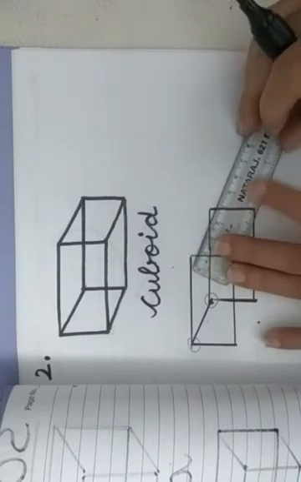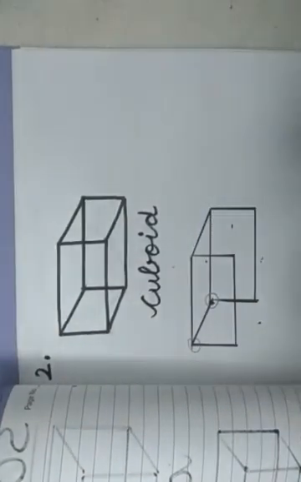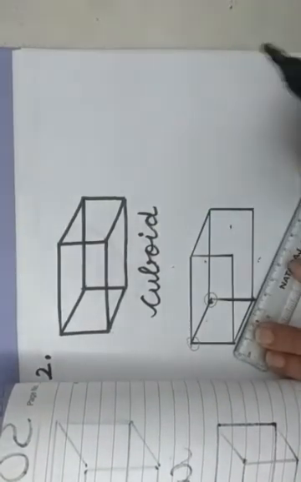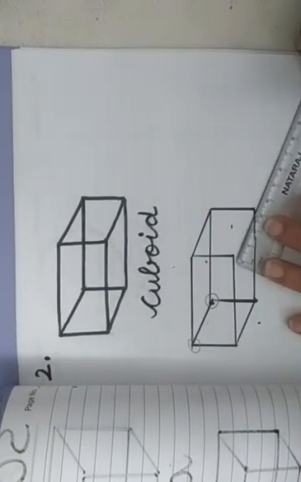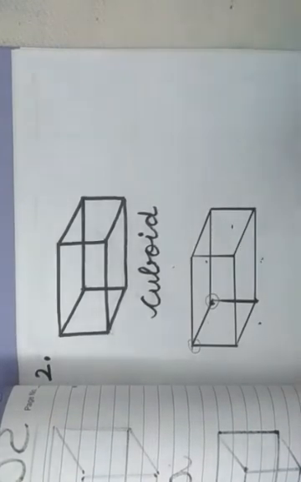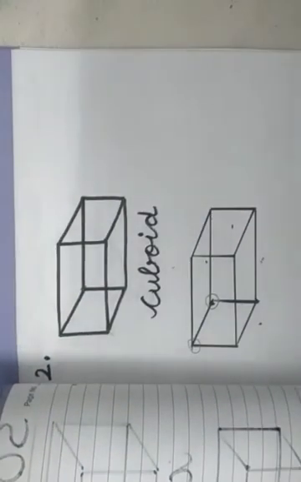Now we will join these corners like this. Now next we will join these corners. Now it's the turn of the last fourth corner. See, I have drawn it now. It's very easy. You have to use the same method.